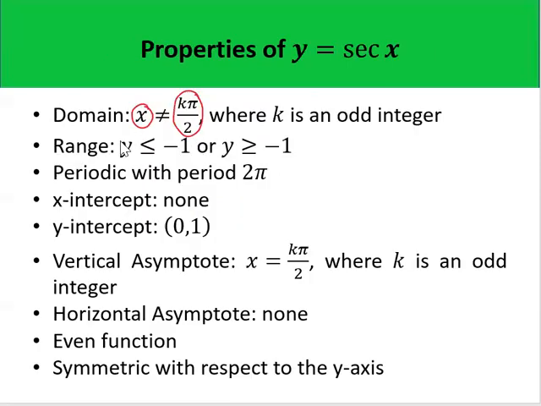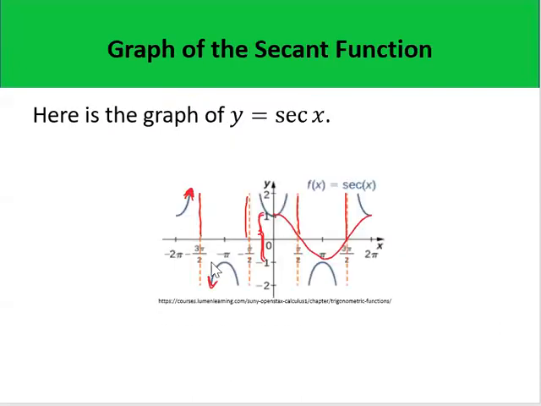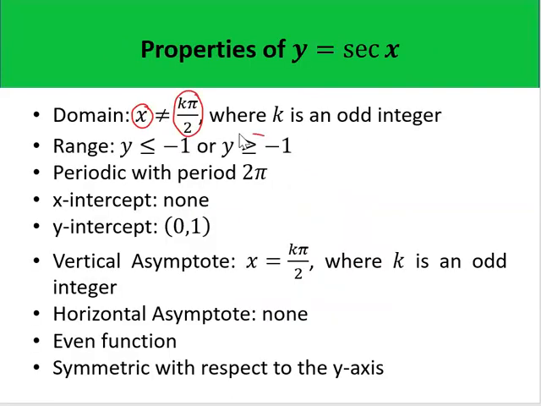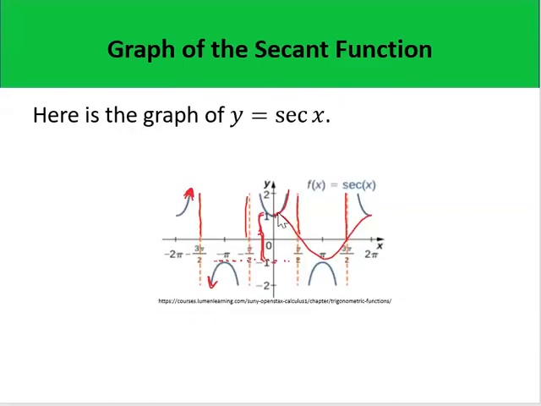So that's why its range is written as y is less than or equal to -1, which means that the graph of secant occurs below -1, and also y is greater than or equal to +1. That's why the graph occurs above the line y equals 1.